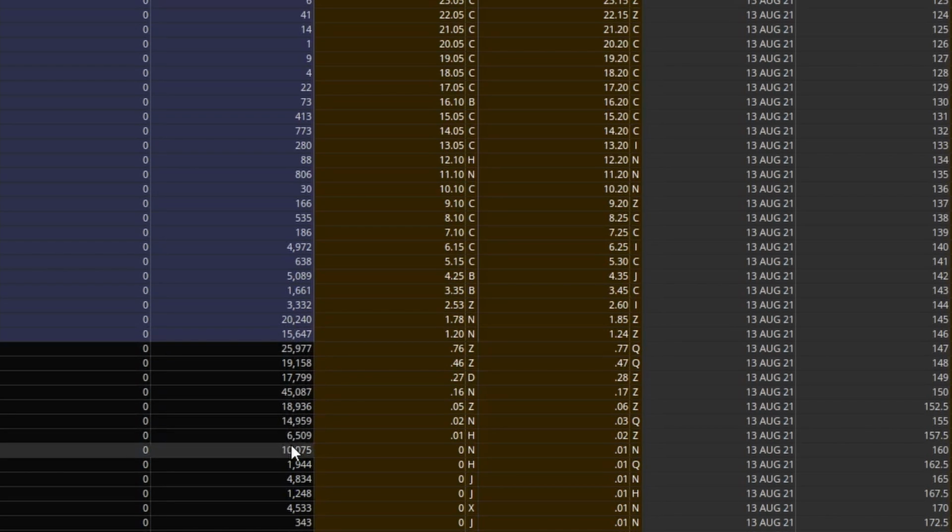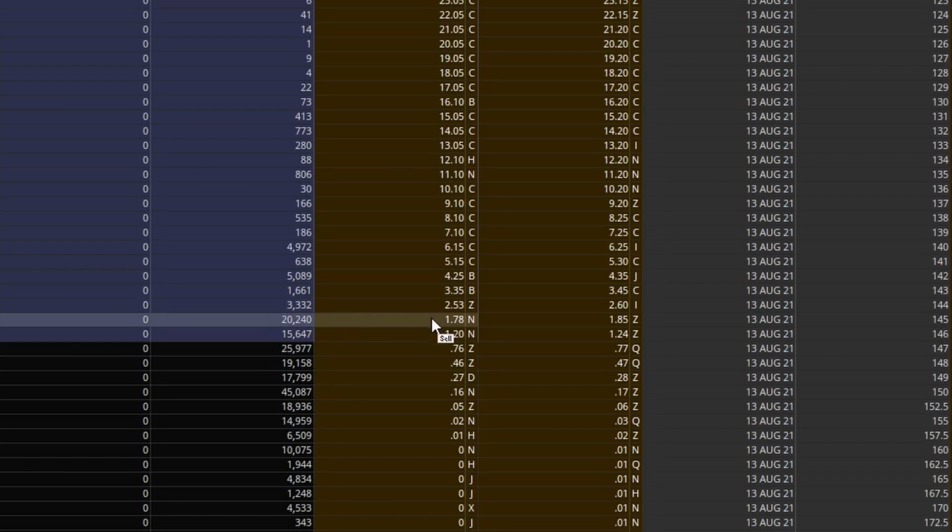However, you can see there's so much more open interest over here. Look at this, 45,000, 17,000, 19,000, 25,000. These numbers are insane. You won't see them on Amazon or Tesla. However, since the open interest is already so high, it might not make such a big difference since they're all quite popular and widely traded as well.